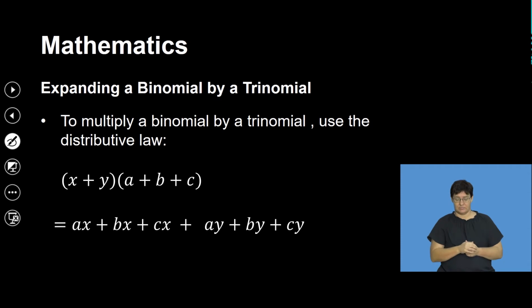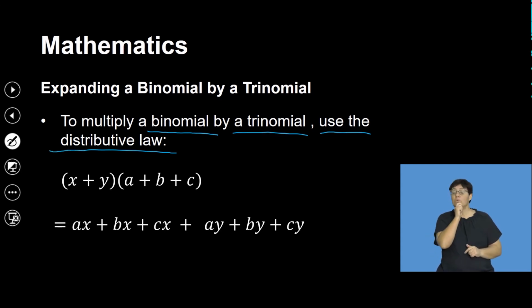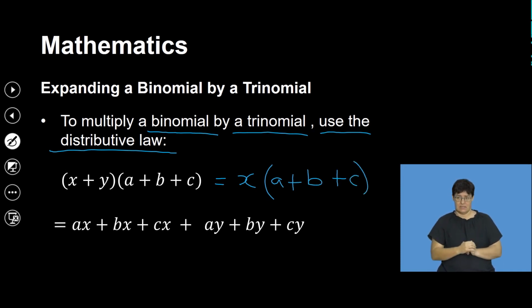Now, expanding a binomial by a trinomial: to multiply two terms by three terms, you use the distributive law. This one does not have some hidden things to it. Remember before, with binomial by binomial, we could use what we call FOIL. Here, it's solely going to be the distributive law. What does that mean? It means this is going to be x distributed into the a plus b plus c, then plus the y distributed into a plus b plus c.